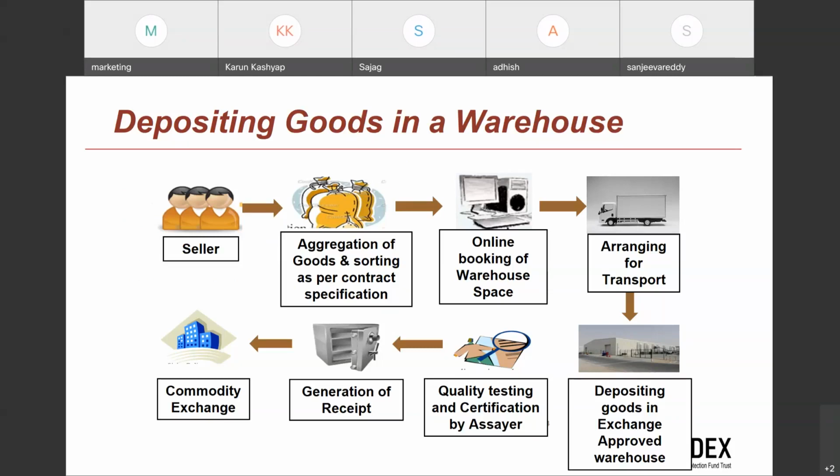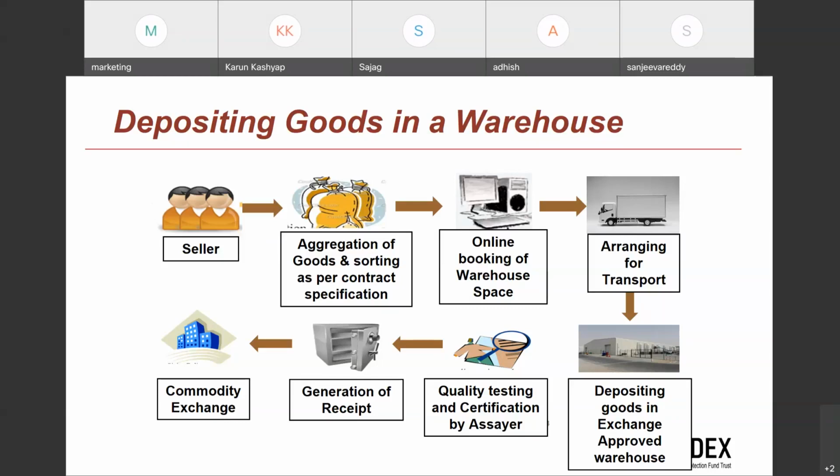First, his quantity should match. If the contract lot size is 10 MT and the deviation is plus or minus 5%, then he must bring a minimum of 9.5 MT or a maximum of 10.5 MT of goods. So the first criterion is quantity.